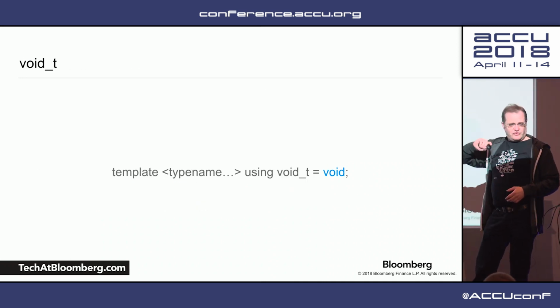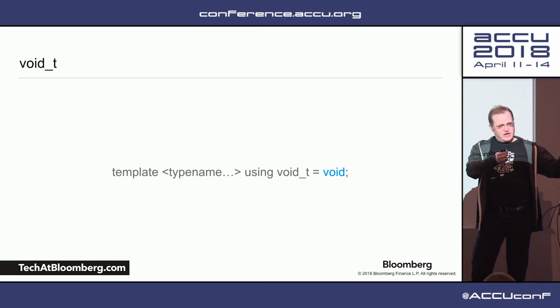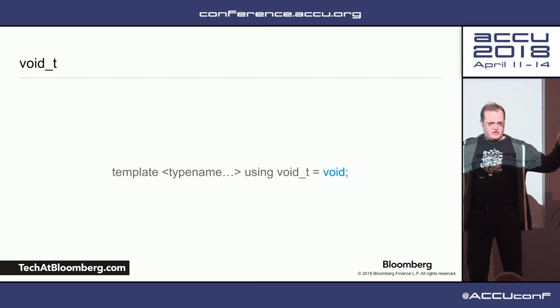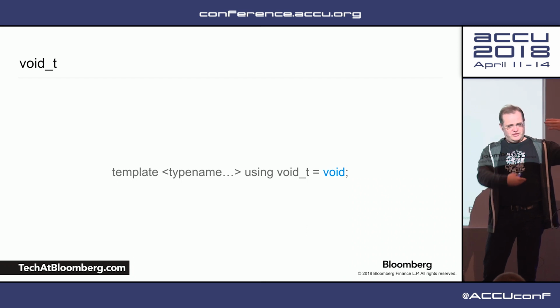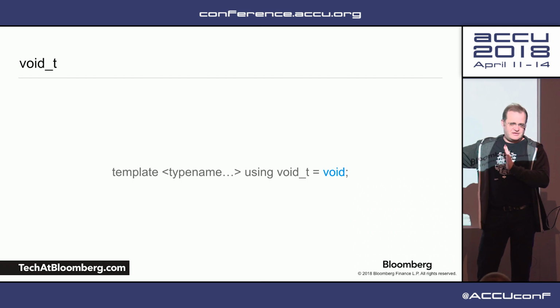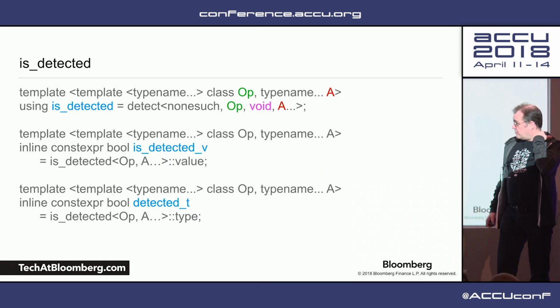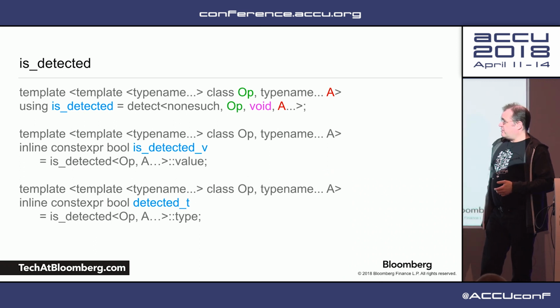But defining void_t for a pack of arguments is a nice way to do the same trick, not just with one operation, but with a whole set of operations. You can basically take the conjunction of all the operations. Do all these operations exist, and you just list them, and you get one void_t back if you want to. So, and now we just need to wrap it up.